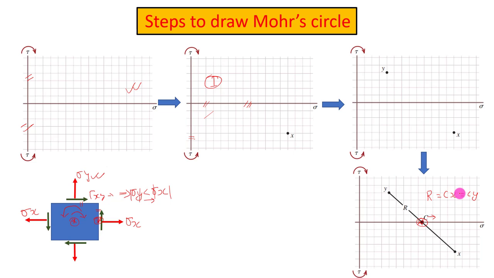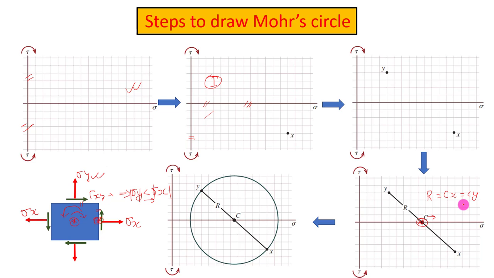Here we are not going into much detail, but we can take the center of the circle and radius as Cx and Cy and draw a circle. So now this circle is known as the Mohr circle.